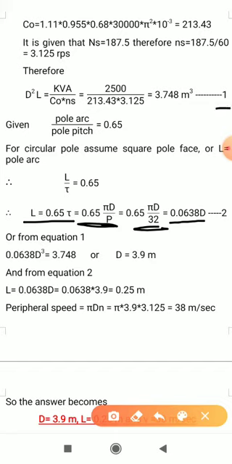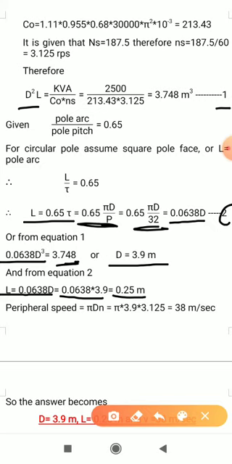So equation 1 becomes 0.0638 d cube is equal to 3.748, and after calculating this we will get d equal to 0.39 meter, and this value of d we will put in equation number 2, which is L equal to 0.0638 d. Then the value of L becomes 0.25 meter.